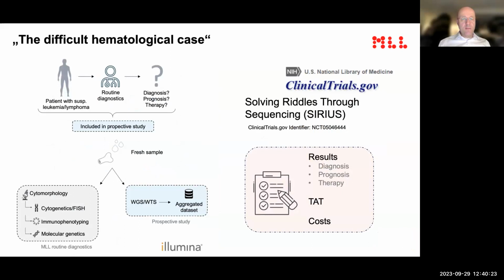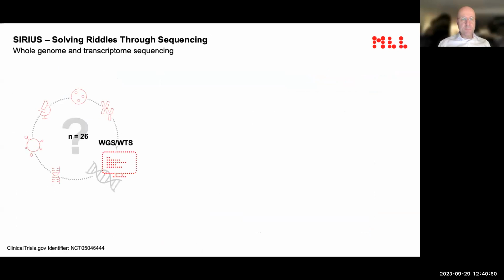And we try to focus on these cases and ask our clients to send in samples of patients who have undergone multiple rounds of diagnostics without any diagnosis having been identified. And we then did the complete set at our own cost of another round of diagnostics and in addition whole genome and whole transcriptome sequencing.